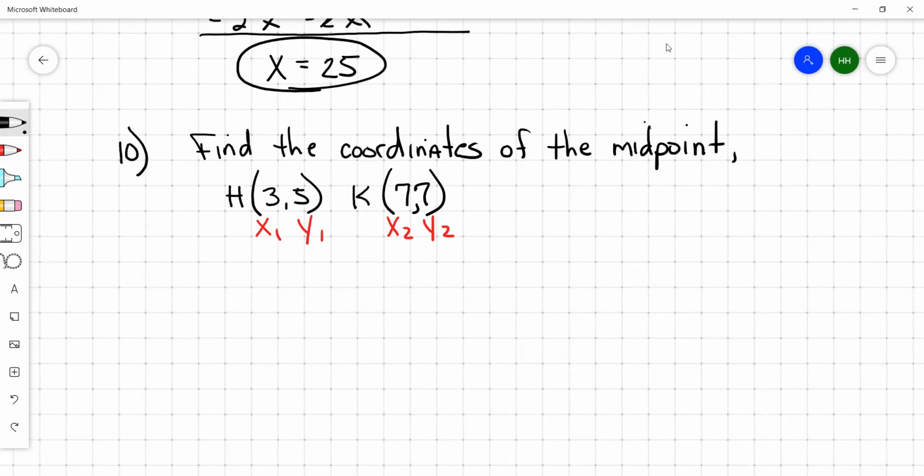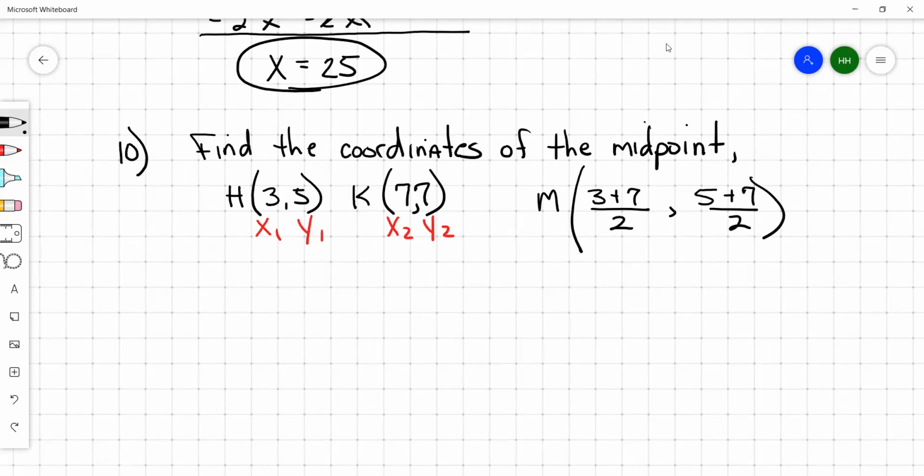So the midpoint is going to be located at, add the two x's together, you get 3 plus 7, and you divide it by 2. And then you add your y's together, and you divide by 2. So this is going to be 5 plus 7 divided by 2.